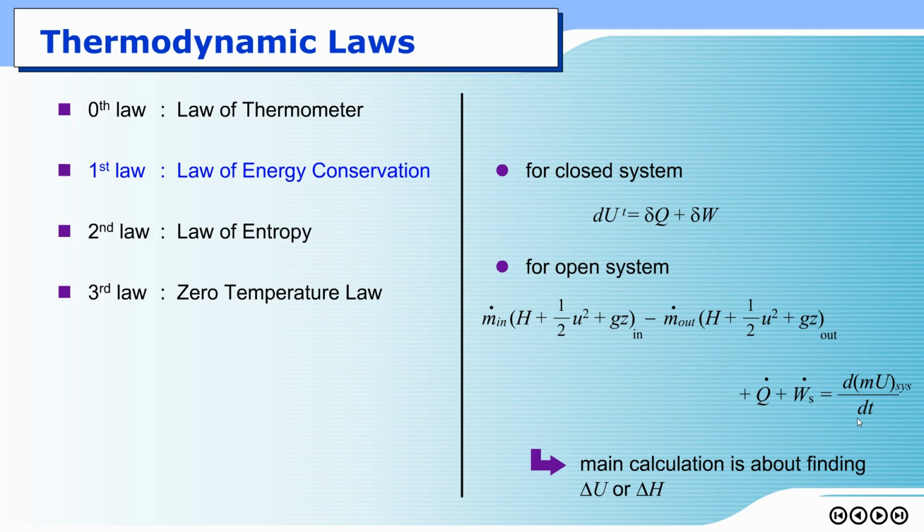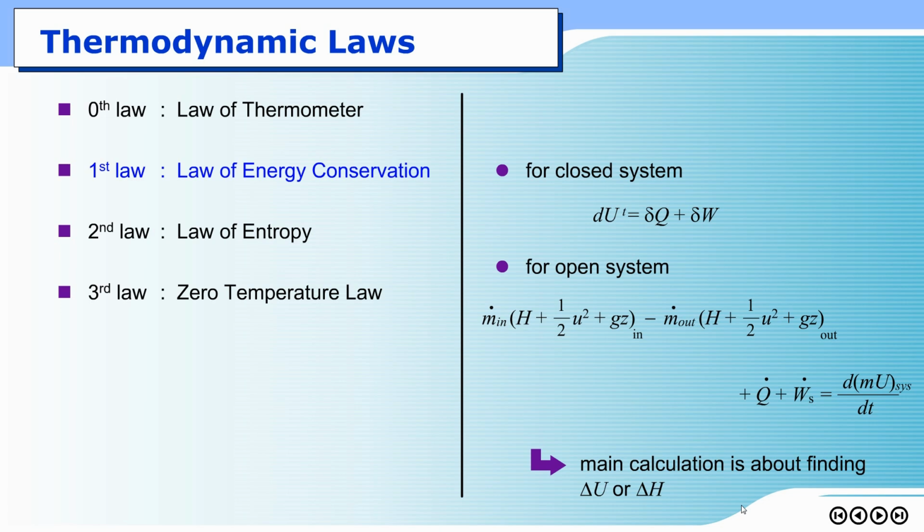In the first law, the main calculation is about finding delta U and delta H. Sometimes we are given delta U, or we are given the condition of initial state and final state so that we can calculate delta U, and then we can use this equation to find out how much heat or work is required to obtain such delta U. But other times the heat and work are given, the initial state is given, and then we can calculate what should be the final state after the system receives such and such work and heat.